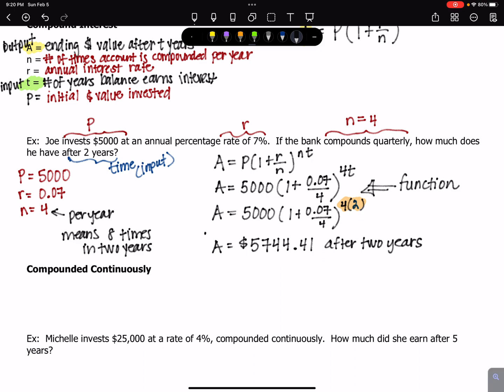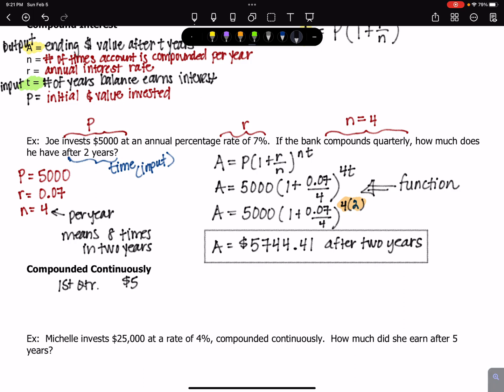And compound interest is when your interest earns interest. The bank is not just evaluating your account at the end of 2 years. They are evaluating the account quarterly. That means after the first quarter, you're going to have no longer $5,000.